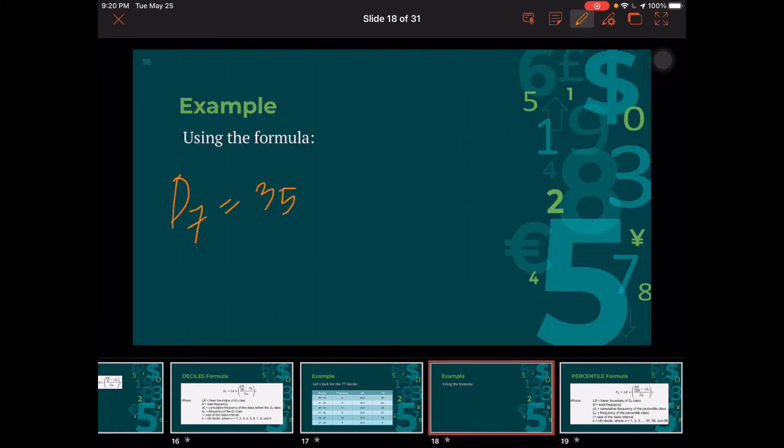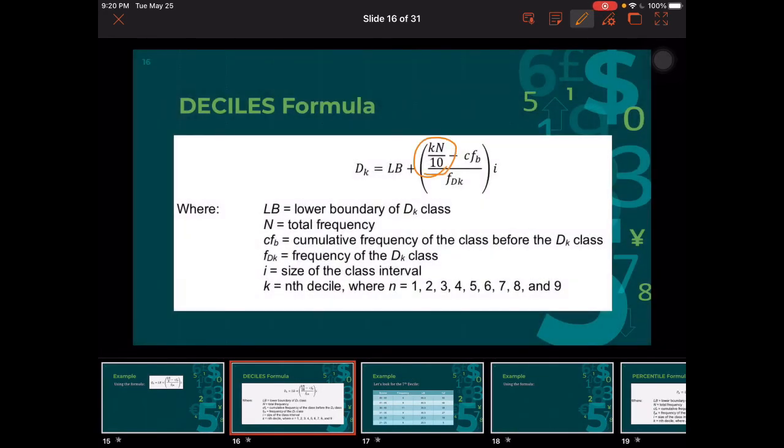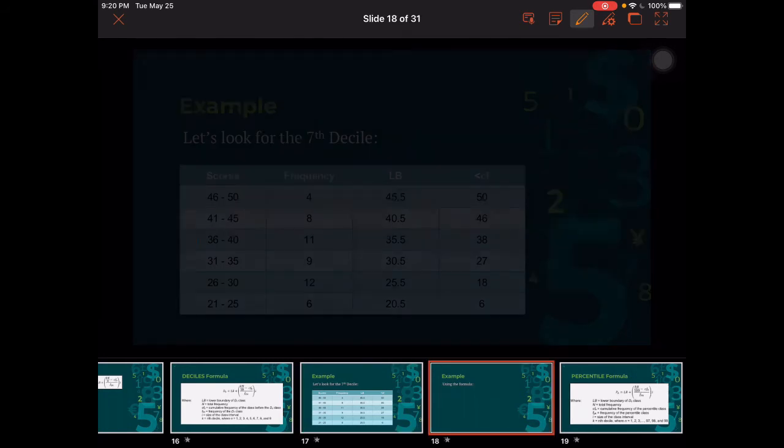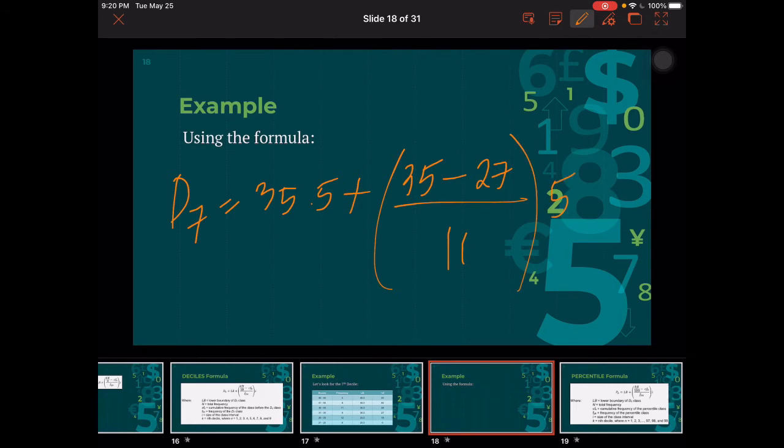Pareho lang nung kanina. 35.5 plus yung position natin is 35 minus cumulative frequency before is 27 divided by the frequency itself, which is 11, multiply by 5. So, 35 minus 27 divided by 11 times 5 plus 35.5. You will get your D7 score is 39.14.